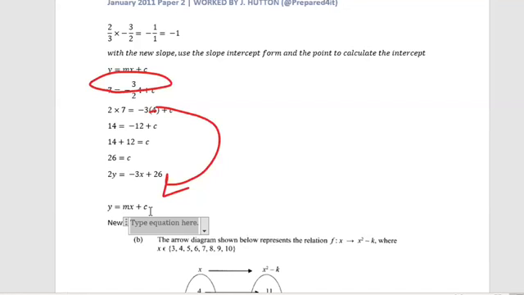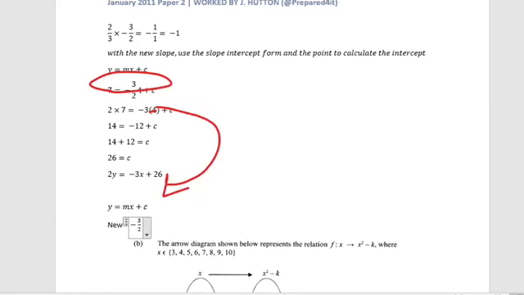My old slope was 2 over 3, so my new slope will be negative 3 over 2. The complete opposite of what was there before, which was a positive 2 over 3. I am doing a flip, sign change, everything. That is the first thing you're going to write: the equation of a straight line, with your new slope.